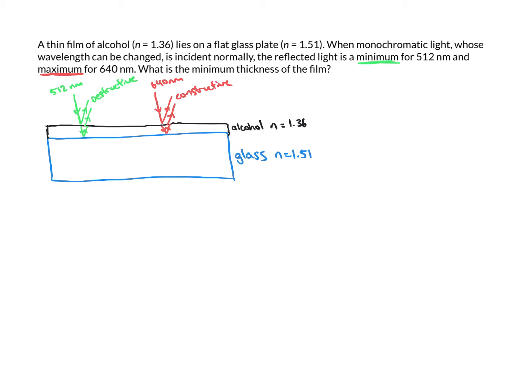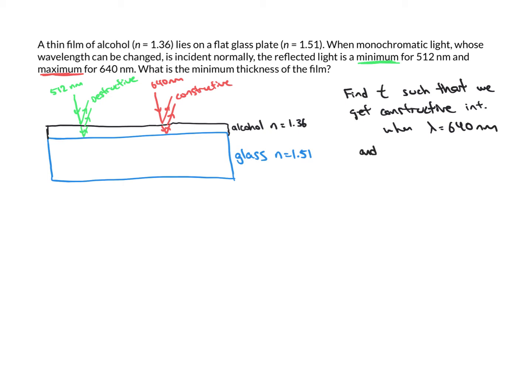So our goal is to find the thickness here, basically find T, the minimum value of T, such that we get constructive interference when the wavelength is 640 nanometers.